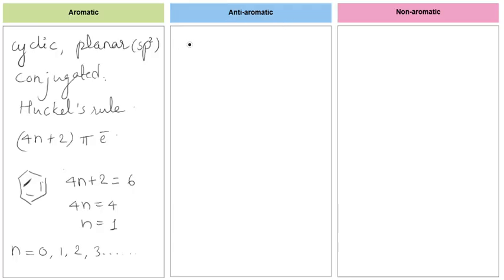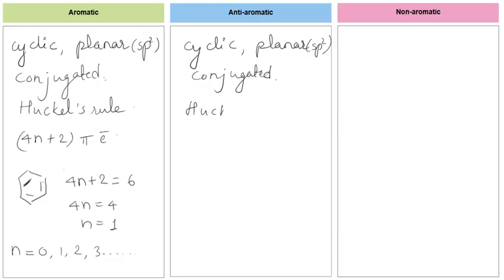In order to be anti-aromatic, the molecule must be cyclic, it must be planar, planar or flat, both are correct. It should have conjugation, alternating double and single bonds must be there. And it should obey Hückel's 4n pi electron rule, not 4n plus 2. Remember, it's a multiple of 4.